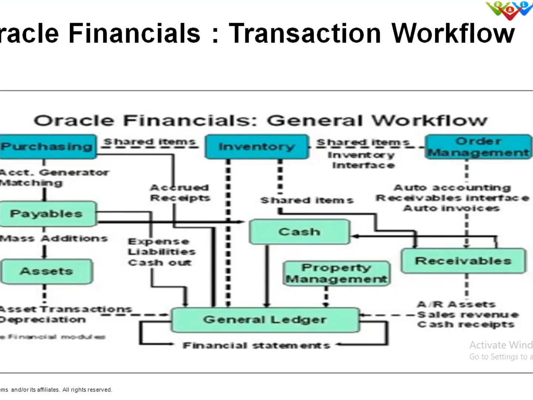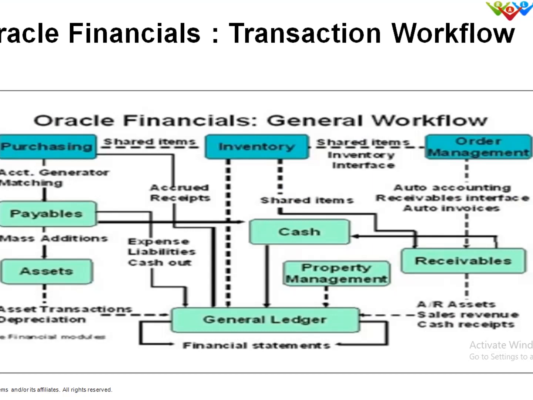Plus, there are lots of other statutory requirement reports which are going to be generated. So this is a high-level flow, right? At the time of month end, you transfer all your accounting entries to GL. And from GL, you generate all your financial statements. So you have your trial balance in GL.